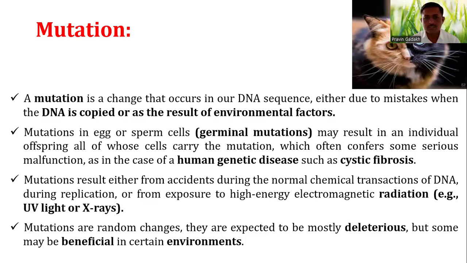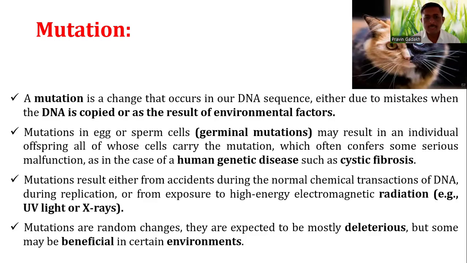So when a mutation occurs in the germinal cells, it is carried throughout the cells and leads to serious malfunctions of the body. It also leads to different genetic diseases like cystic fibrosis.